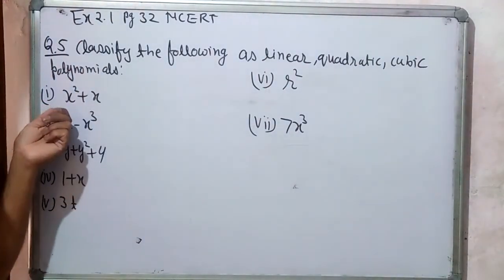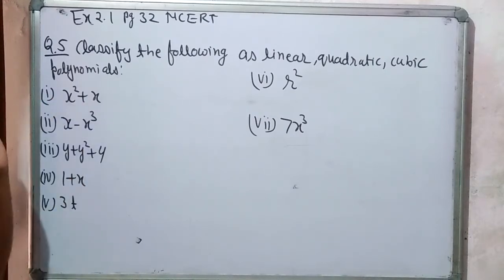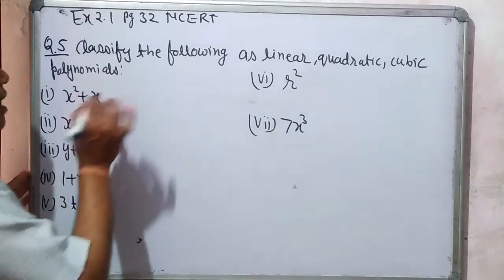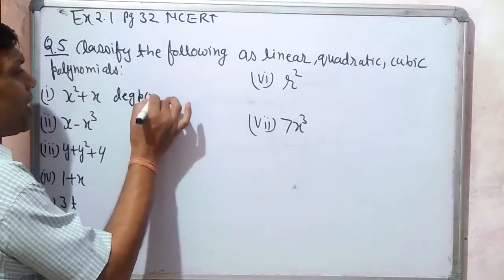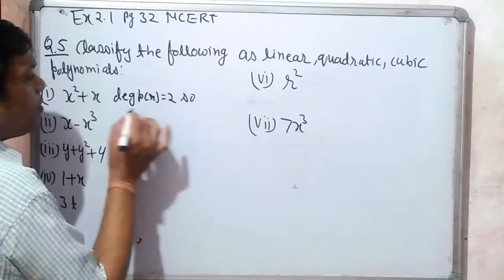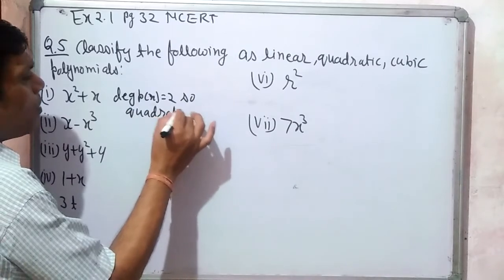What is the degree? First term is 2, second term is 1. So what is the degree of the polynomial? 2. So it will be quadratic. We can write: since degree of p(x) is 2, it is quadratic.